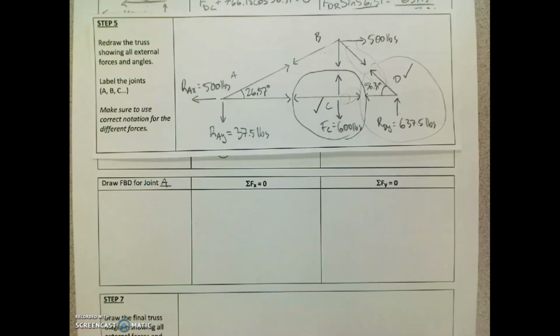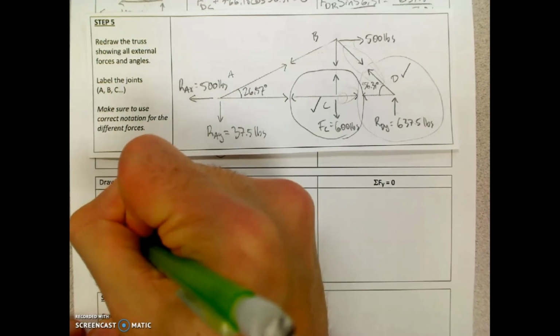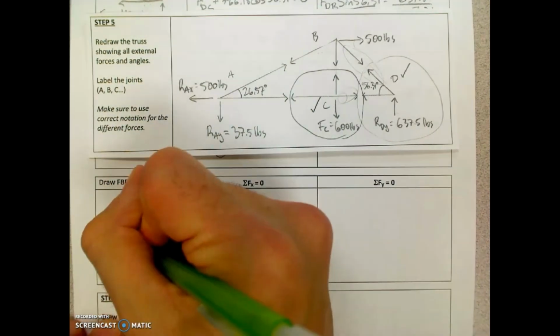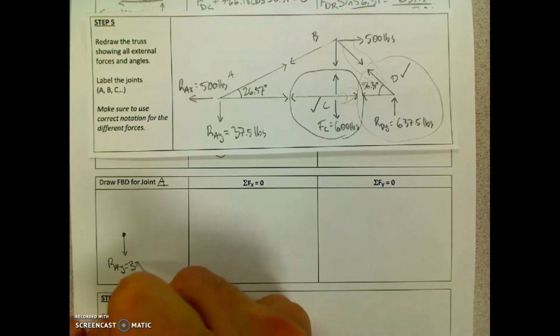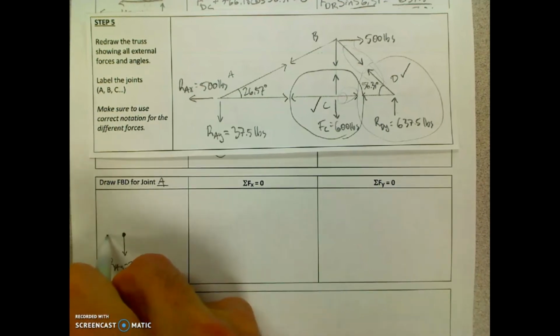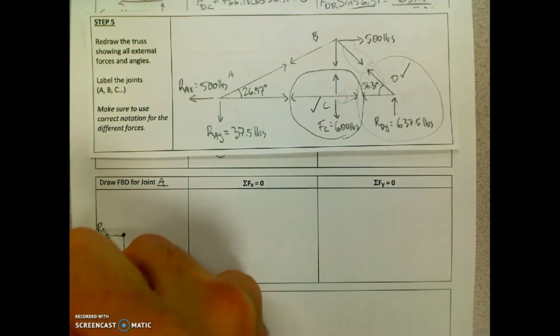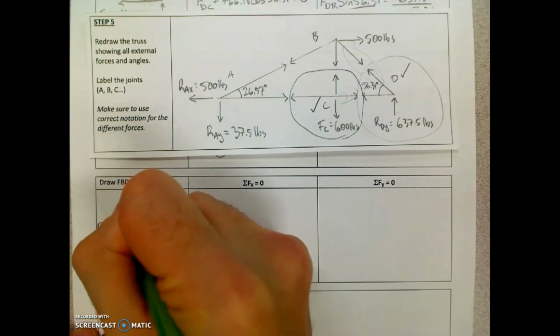So I'm going to jump into joint A, and I'm going to copy that joint into our area for the force diagram. So we know good old Ray, we solved in an earlier video to be 37.5 pounds. We found Rax to be 500 pounds.